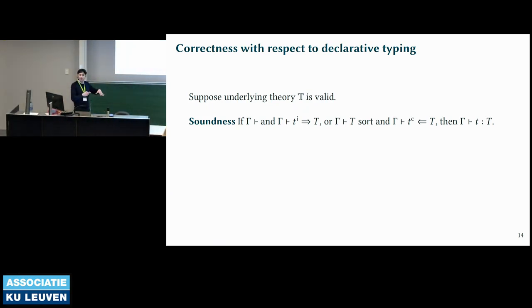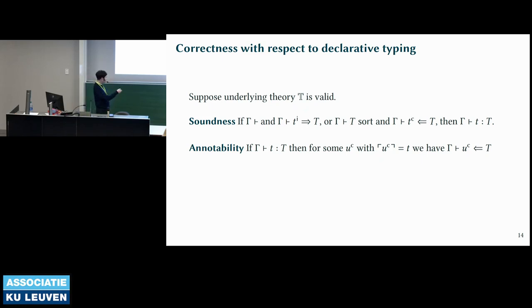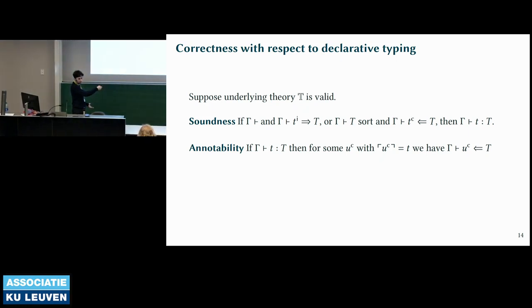And then we also need a notion of completeness, and completeness here corresponds to annotability. So if you have a term that is declaratively well typed, then you can find a way of annotating it such that when you remove the annotation, you get what you started with, and this checks in the bidirectional system.